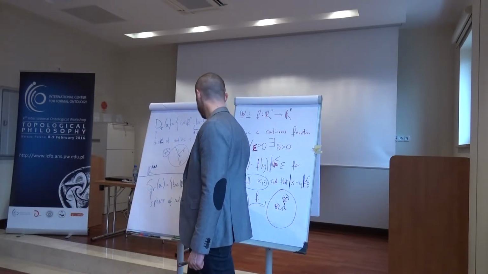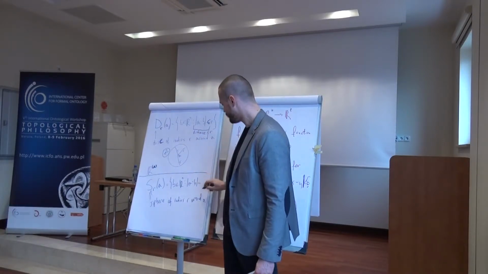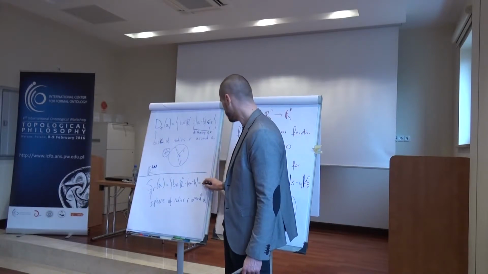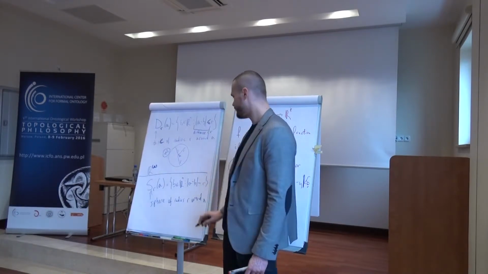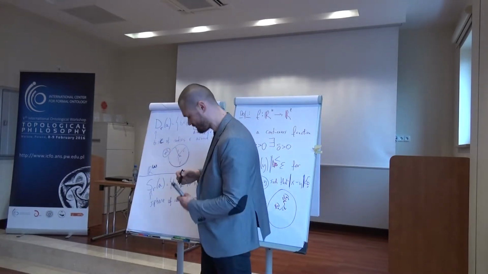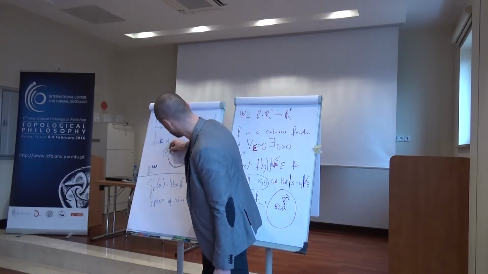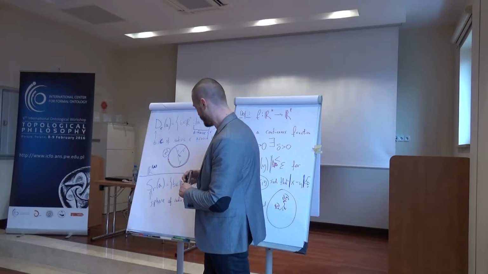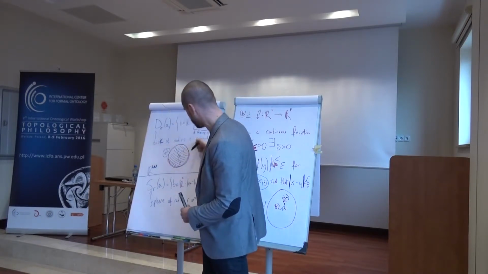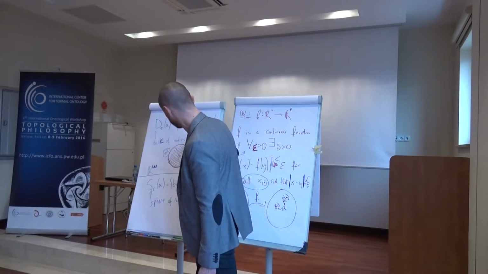Everything is the same, except that you put equality here, equality rather than inequality. So a sphere is the same situation, but you look only at this boundary here, and there is nothing inside. So a disk is when it's full inside, and a sphere is when it's empty.